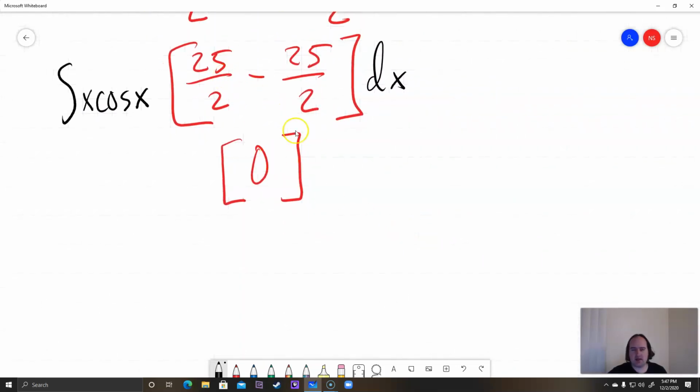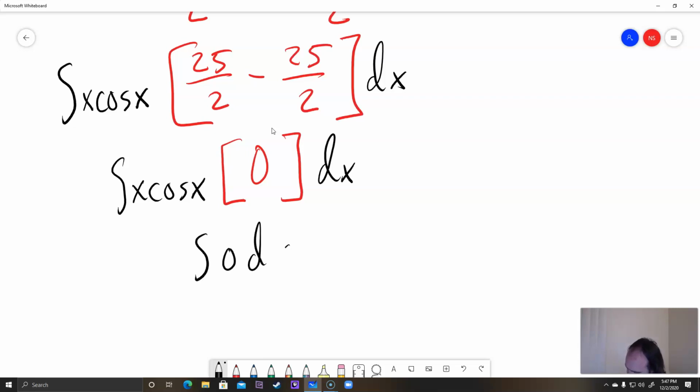But here they have it set up so that since the inside is just 0, remember that any number times 0 is just 0. So here we're really integrating x cosine of x times 0 dx, but that's just the integral of 0 dx, because any number times 0 is 0, and the integral of 0 is just 0. So 0 is our answer. So it looked like it was going to be tricky, but they actually had it set up so it was kind of nice. It wasn't too bad.